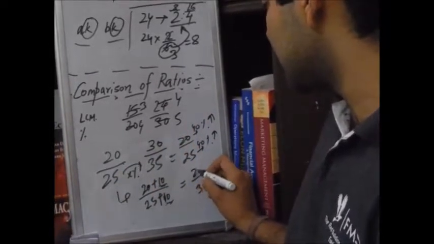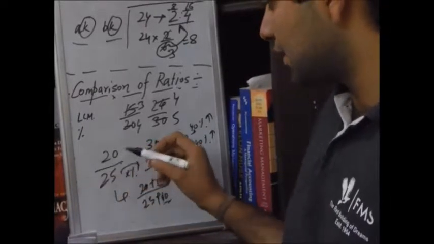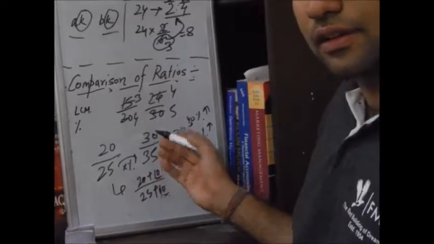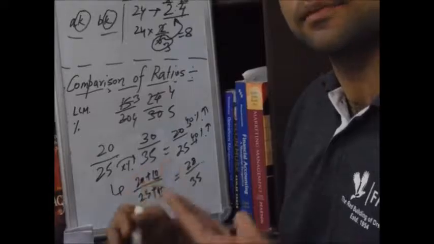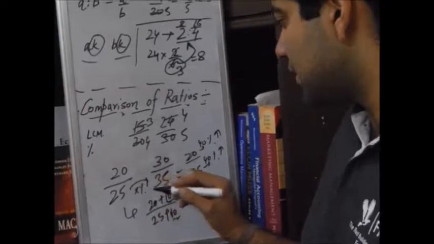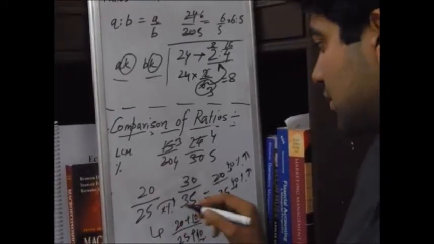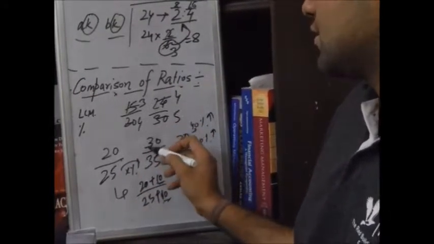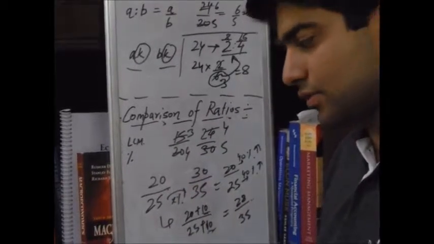The numerator would become 28. This is the method of turning one fraction into the next by making the denominator the same, increasing in terms of percentage. Very simple. Once you get the hang of this, you can do calculations very fast, because you can see 40% of 20 would be around 8, and 28 is certainly less than 30. So this is one thing that can really help you do calculations fast.